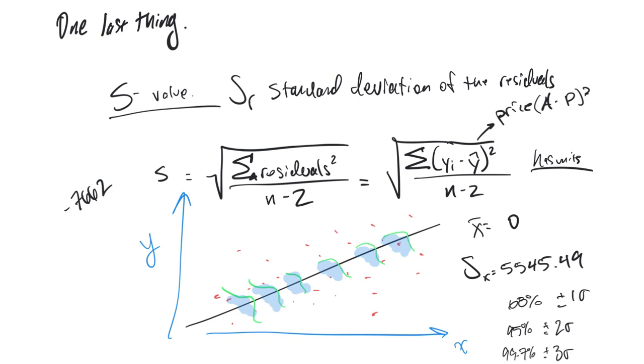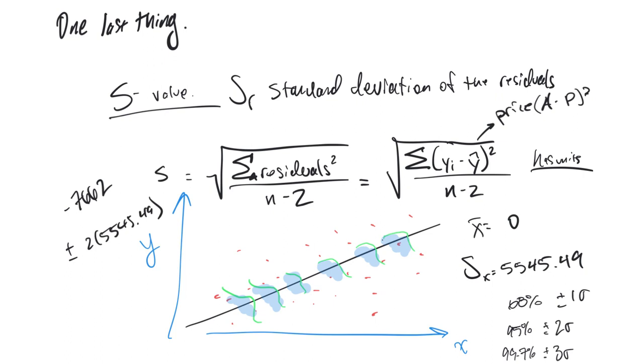Well, is that typical? Yeah, that's not too bad, because typically the bulk of our estimations are going to be within $5,545.49, and almost all of them should be within 2 standard deviations, which this definitely falls within: plus or minus 2 times $5,545.49. So that's the S value.